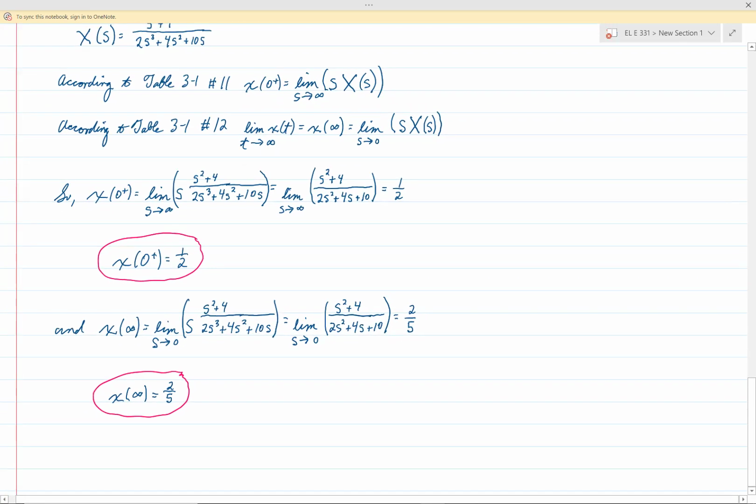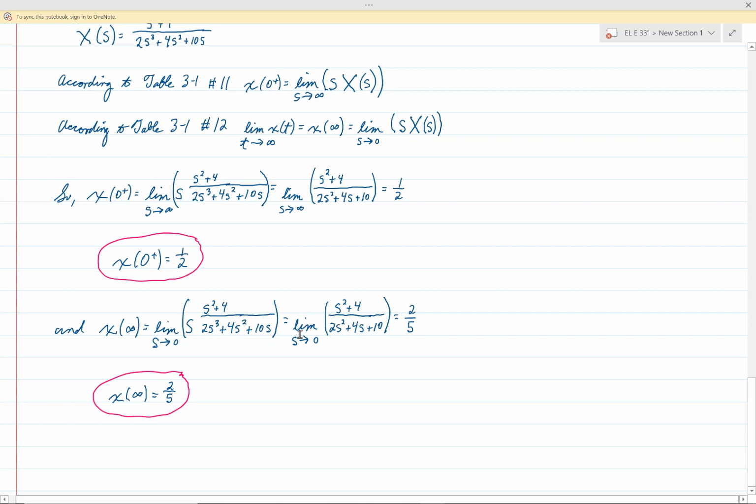And then finally, for x of infinity, which again, remember that means the limit of x of t as t goes to infinity. According to the final value theorem, that's the limit as s goes to 0 of s times the Laplace transform of x. So again, just as we did up here, this s can be used to reduce the power of each term in the denominator.